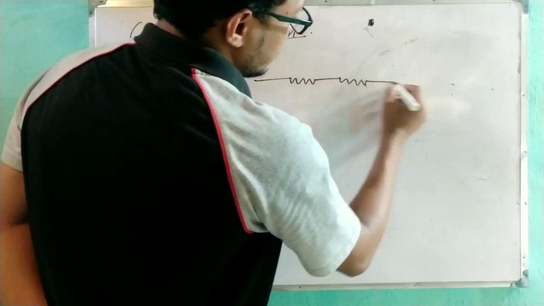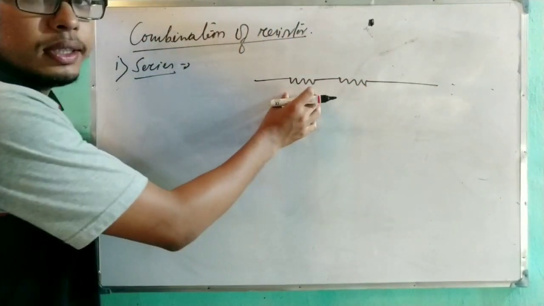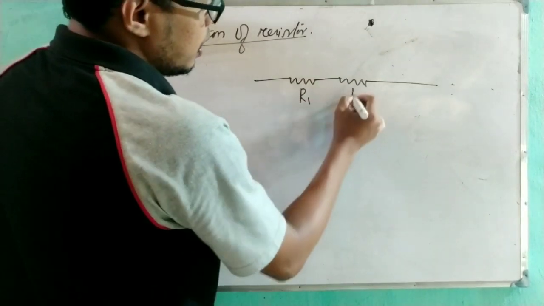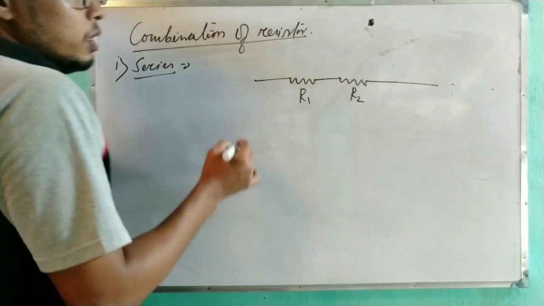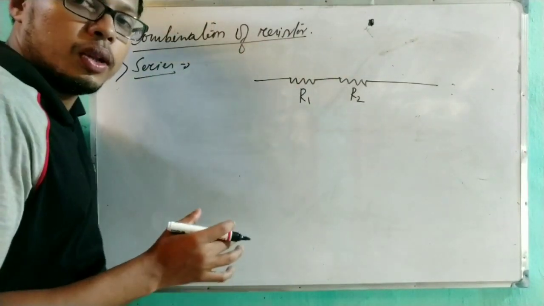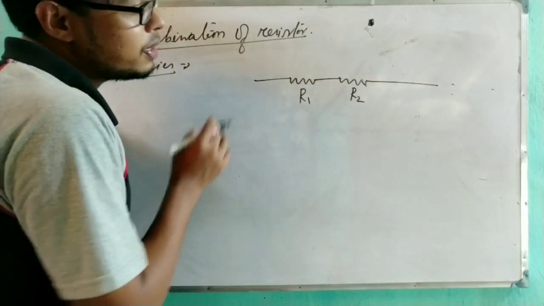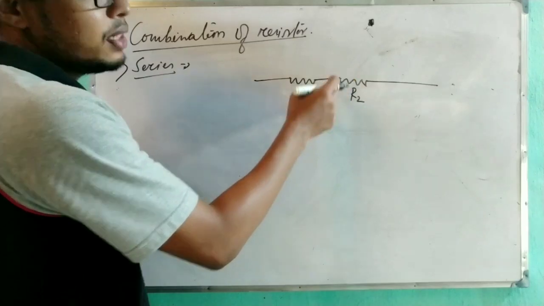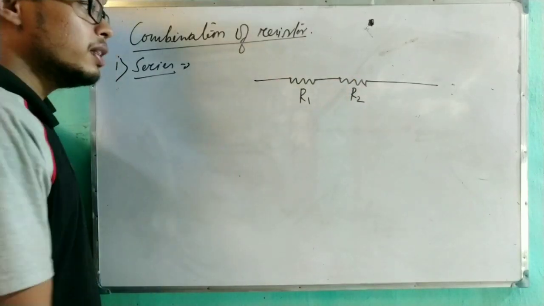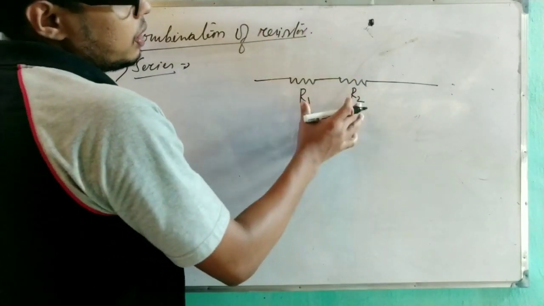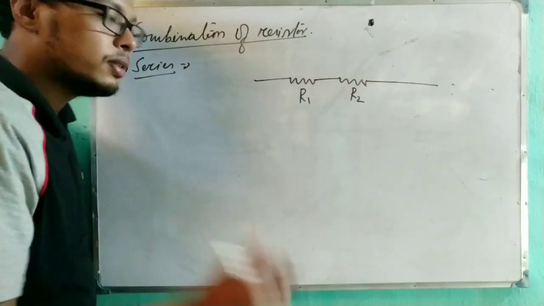This is the symbol for resistance. So R1, R2. This type of connection is called a series connection. When the second end of the first resistance is connected with the first end of the second resistance, we can say these resistances are connected in series.